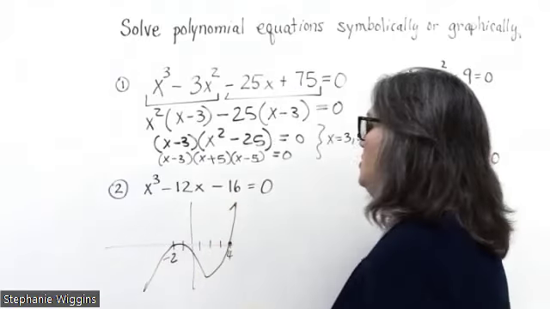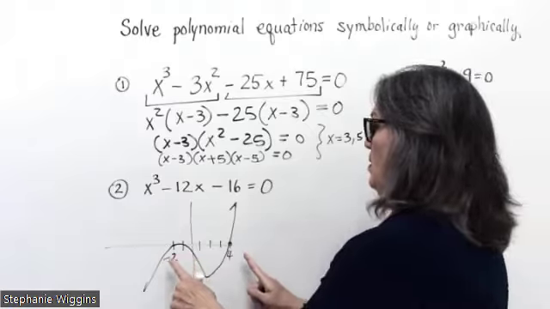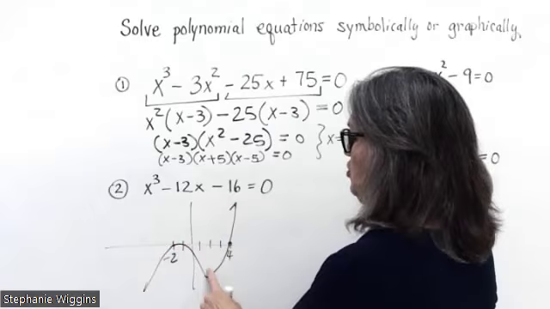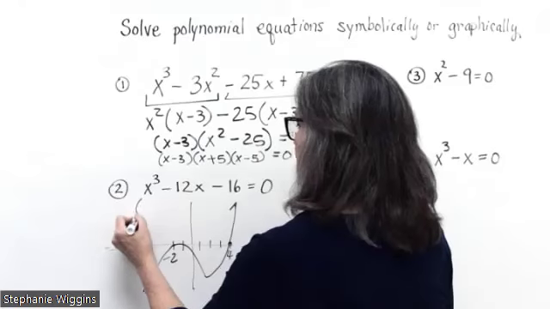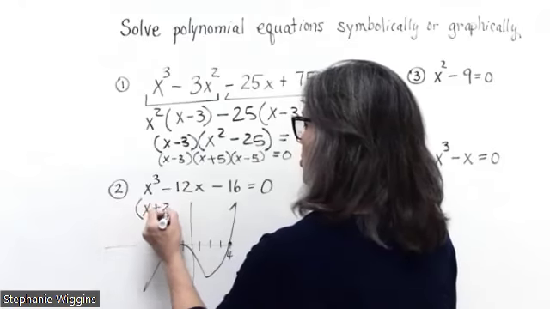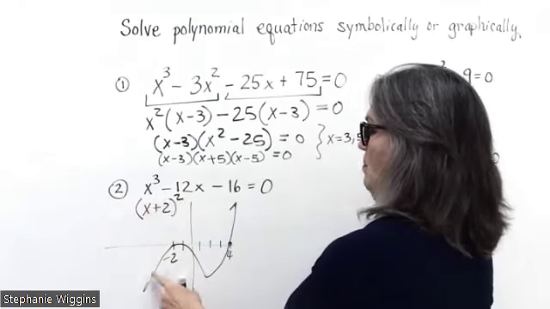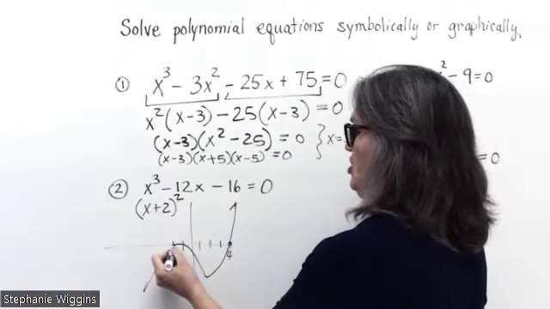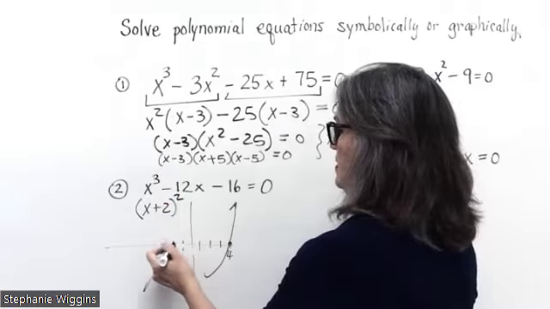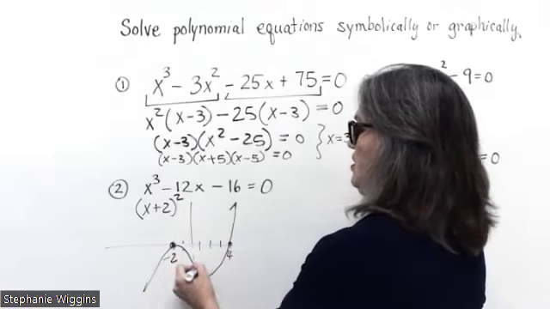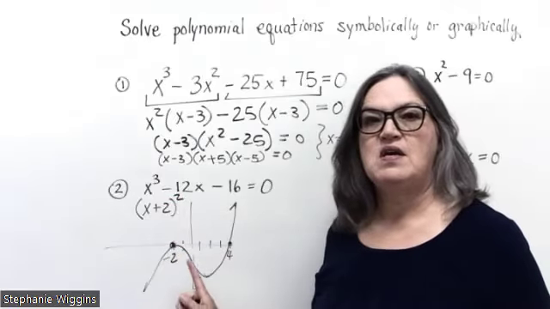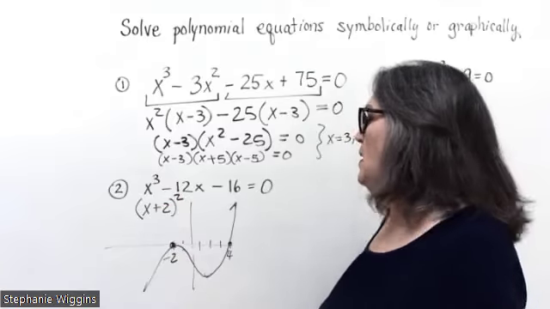Because it's multiplicity 2, when I factor this, I'm going to get x plus 2 squared, because at the turning point it touches the x-axis and then bounces back. So I know it's going to have even multiplicity.